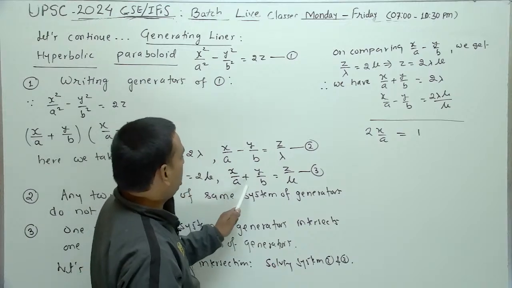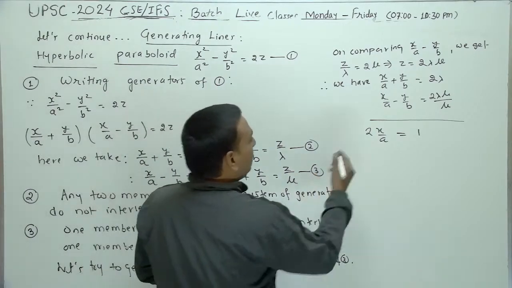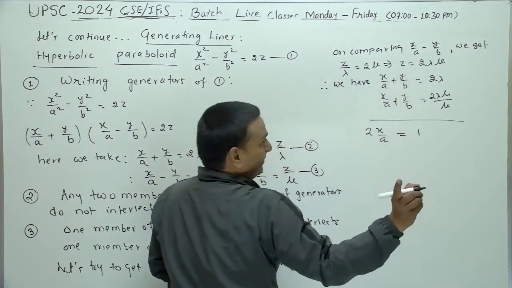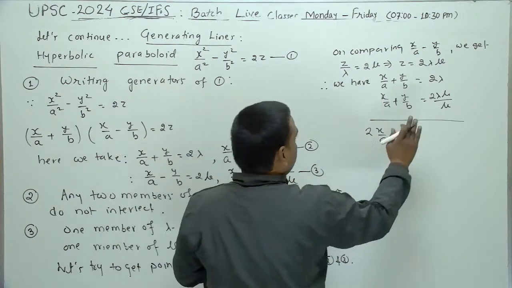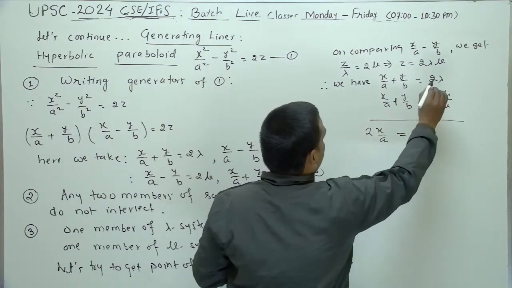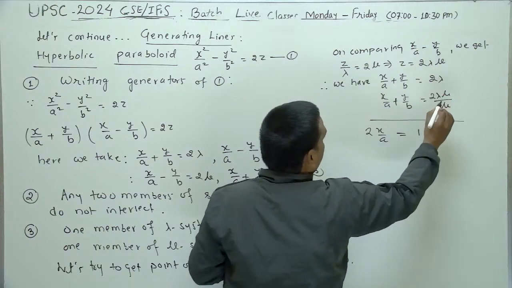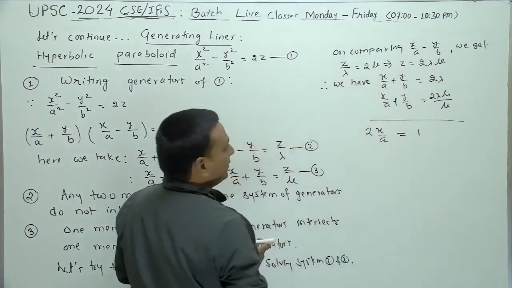Here x upon a plus y upon b we have taken, that is z upon mu, so 2 lambda mu upon this, right?